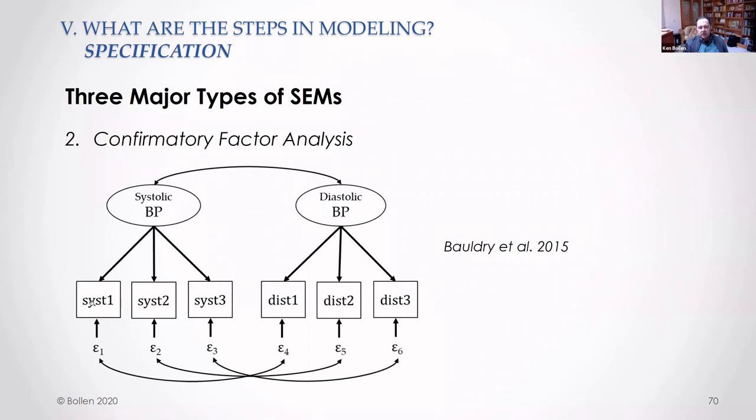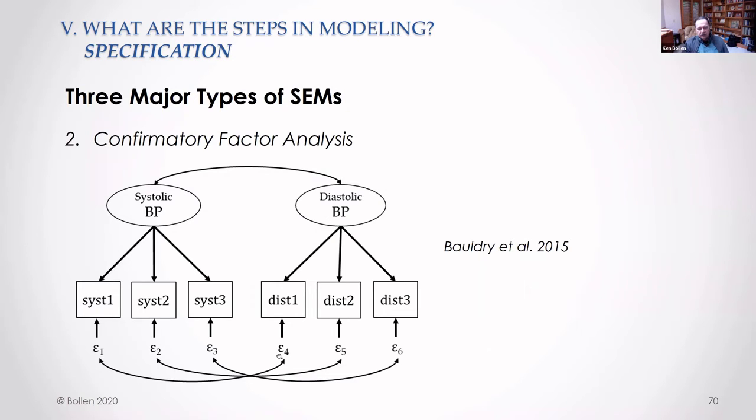So we're assuming that each of these indicators contains measurement error, and they're reflective of the true systolic blood pressure. So if we could remove all the measurement error from the systolic blood pressure, this is what we'd be left with, the systolic blood pressure here. Same thing with the diastolic blood pressure.